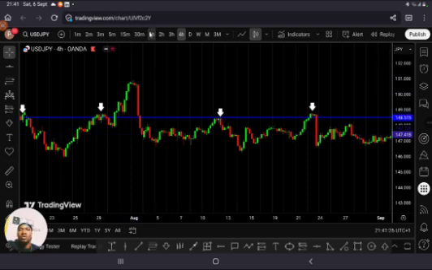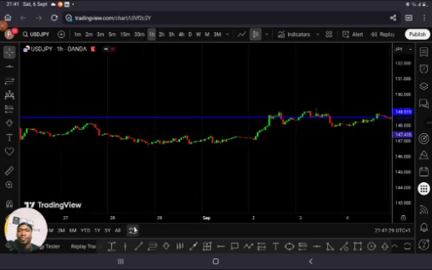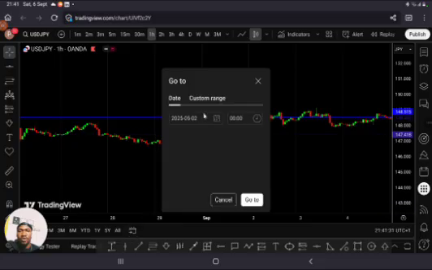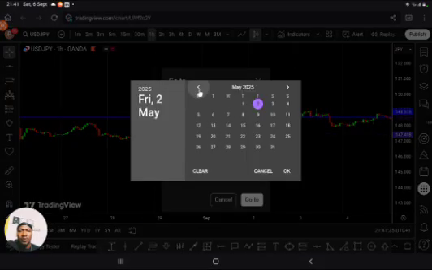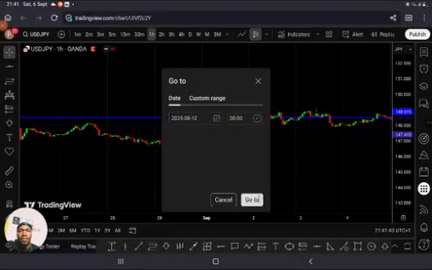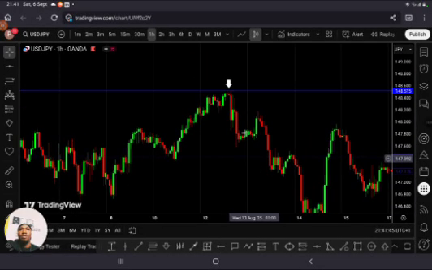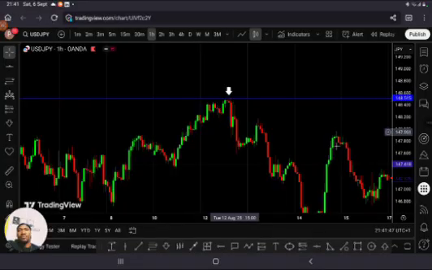So come down to the lower time frame and search for the 12th of August. This is May. 12th of August. Okay, so now we know why price is jetting from this zone.